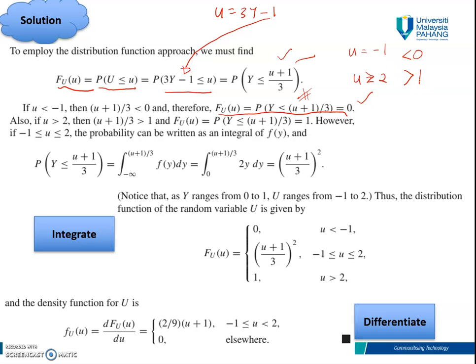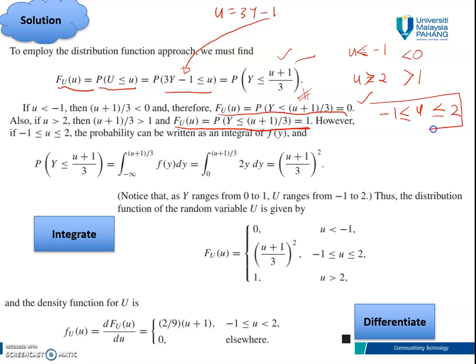So that means for any u which is greater than 2, the distribution function will be equal to 1. However, you have u less than -1, and u greater than 2. So in between, you have u greater than -1 and less than or equal to 2.